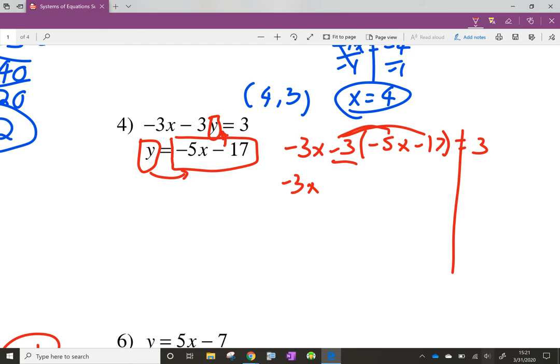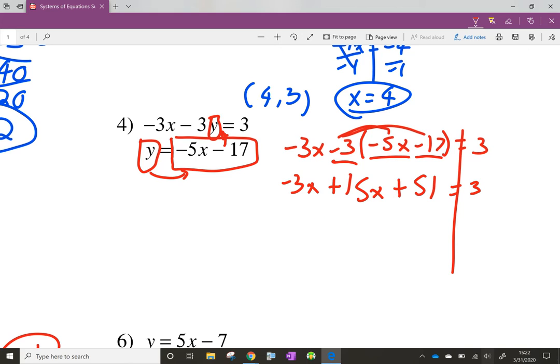So remember that negative, be careful about that. A negative 3 times a negative 5 is going to make a positive 15. And since there's an x, that'll be a positive 15x. Again, we have a negative 3 times a negative 17. So I know a negative times a negative makes a positive. 3 times 17 is 51. Okay, there we go. And then bring down equals 3.